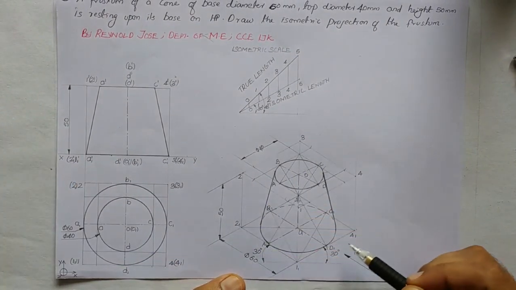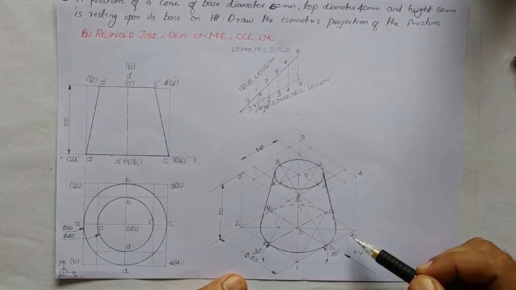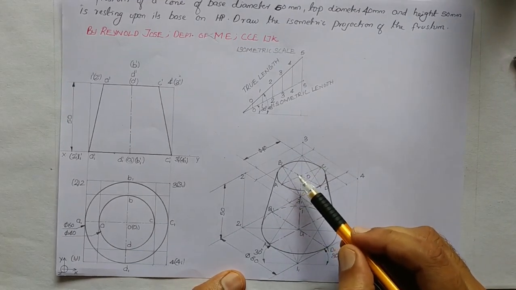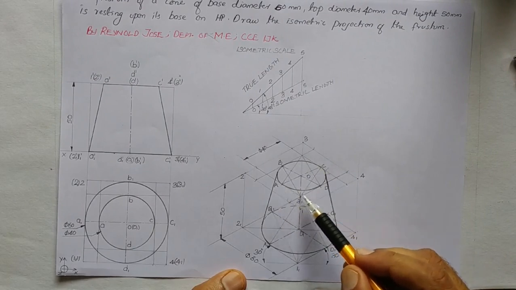So this completes the isometric projection of the frustum of a cone. The only difference is here we have to construct an extra small square in order to draw the isometric of the smaller circle.